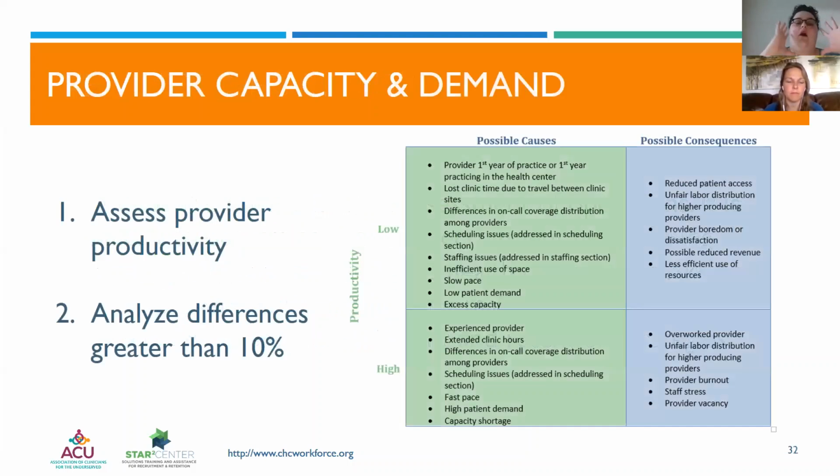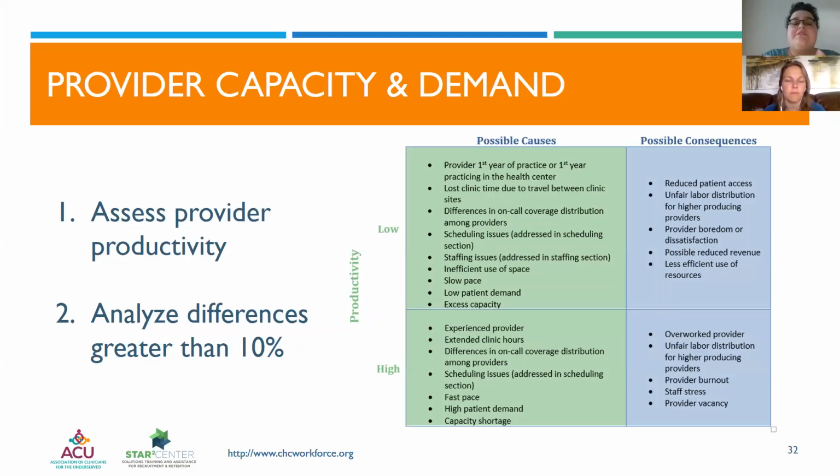So in our R&R plan, the first part it talks about when you're doing the assessment is provider capacity and demand. So you want to assess your provider productivity, and in a second I will go into the R&R plan, and we have documents that help you break it down, and you could use that if anybody in your health center comes to you and asks, how do I fill out this chart? It has directions exactly how to do it.